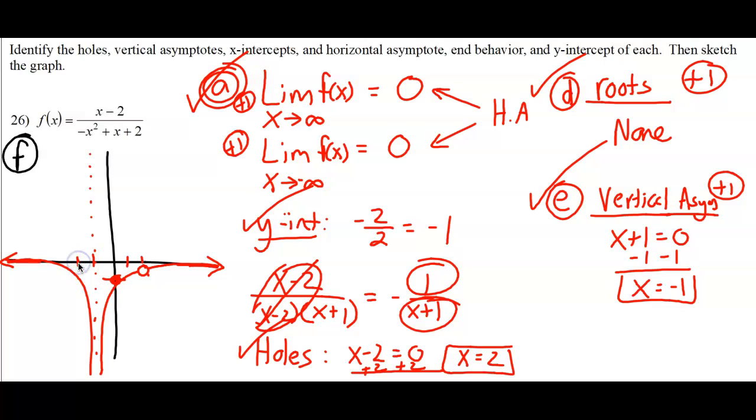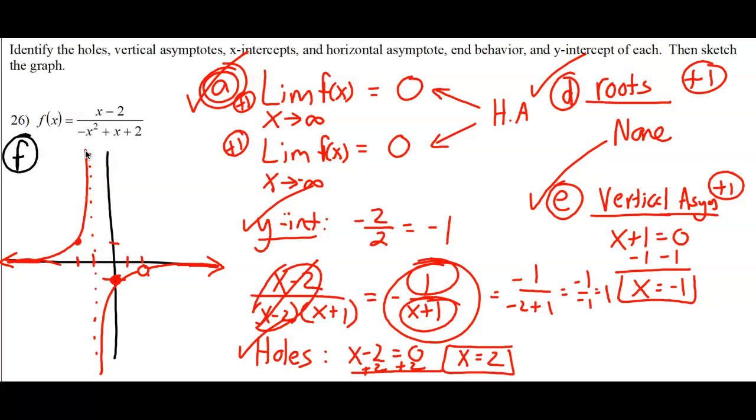So if I plugged in -2, what would I get? Let me see. I like to use the factored form. It comes out positive. So when I plugged in -2, I got +1. So my original guess was right. It has to be going up so it reaches that point.